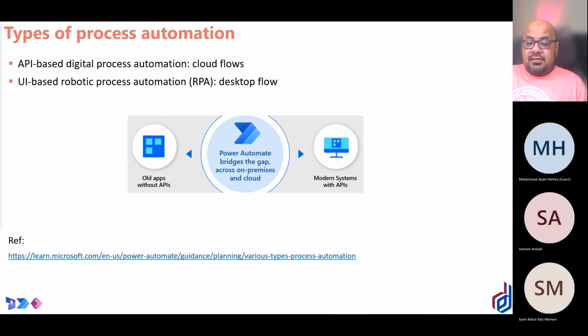As we discussed last time, based on Power Automation, we have two kinds of scenarios. One is API based digital process automation, which is the fully cloud flows that you have seen in our last session and we discussed in detail. Along with it, within Power Automate, you will find the desktop flow, which is the RPA process for the legacy environment, for legacy applications which are the desktop version.